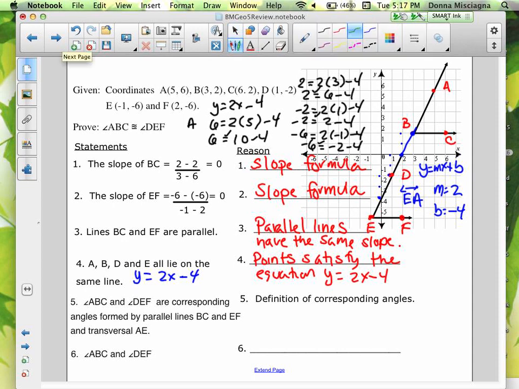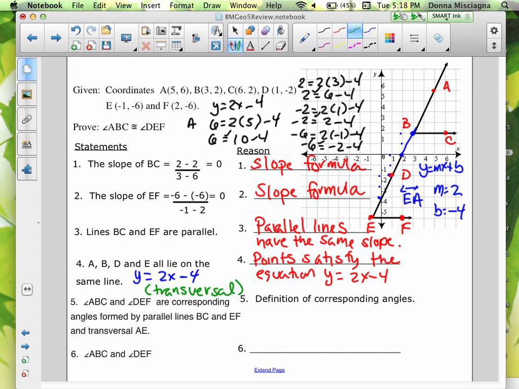So this y equals 2x minus 4 is actually a transversal that intersects our 2 parallel lines, EF and BC. So now that we know these points are all on that line, we know that our lines EF and BC are parallel. And so now we have parallel lines intersected by a transversal.